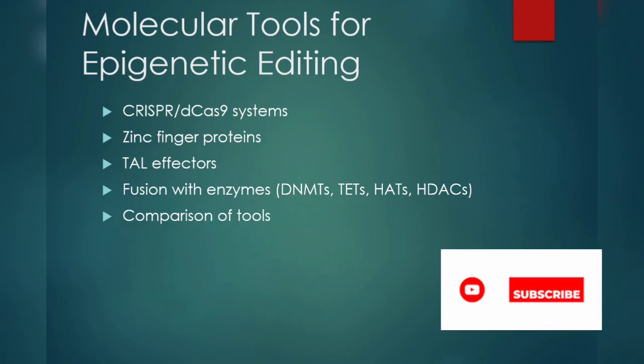So the enzymes can be DNA methyltransferases, written as DNMTs, TET enzymes, histone acetyltransferases, histone deacetylases to perform the editing. इनके साथ उसको bind करते हैं, इनके साथ fuse करते हैं enzymes को. That's how they function. Each tool has its own advantages and limitations, which researchers choose based on the application, based on what they are performing.